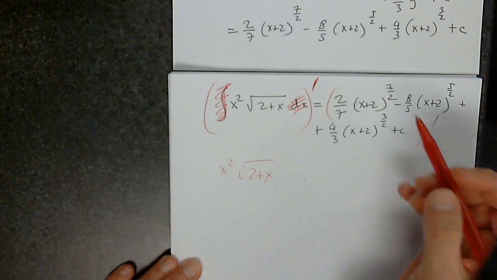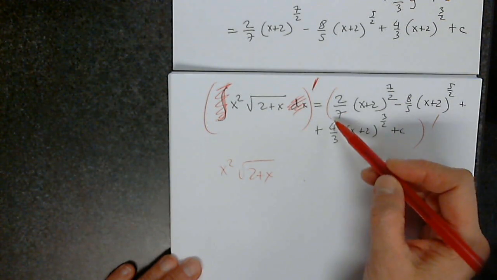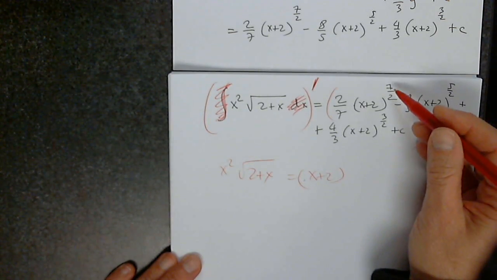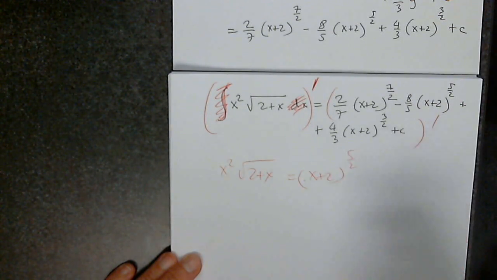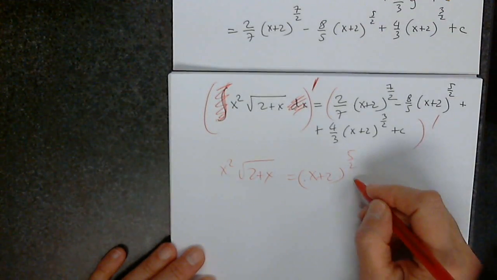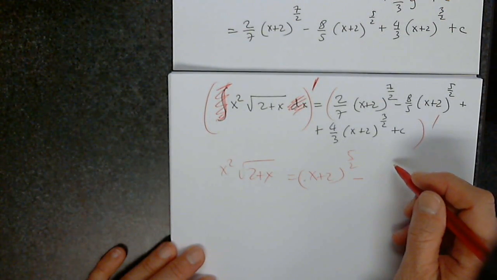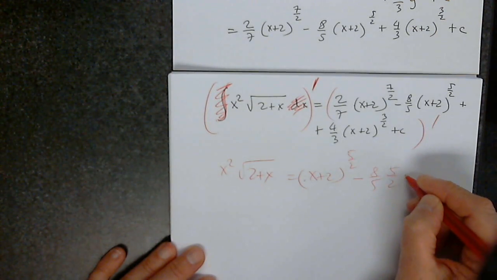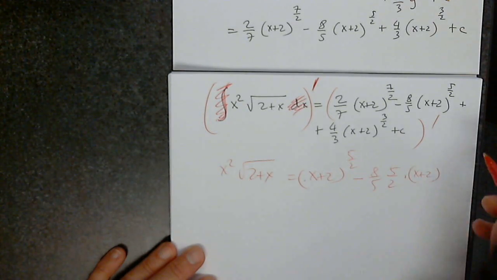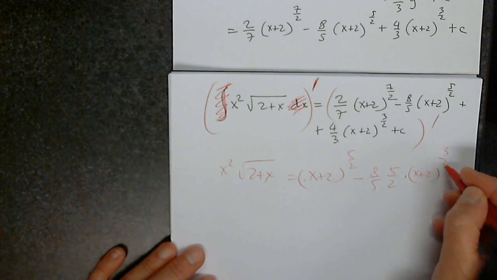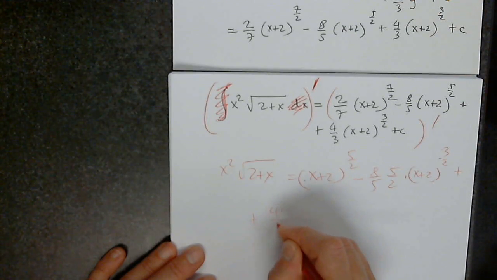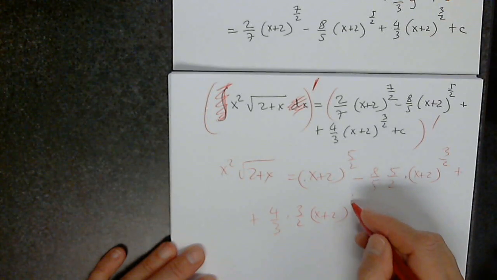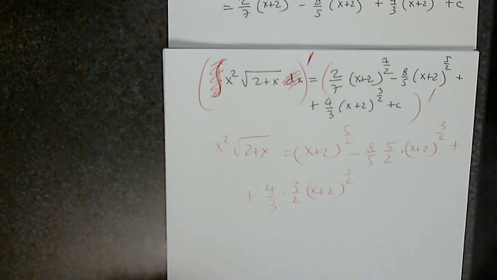Now on the other side, bring down 7/2. 2/7 times 7/2 is 1 times x plus 2 to 7/2 minus 1, which is 5/2, minus 8/5 times 5/2 multiplied by x plus 2 to 5/2 minus 1, which is 3/2, plus 4/3 times 3/2 times x plus 2 to 1/2, and plus the constant prime.